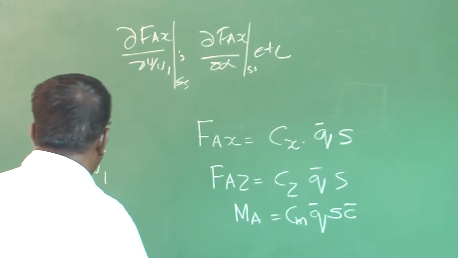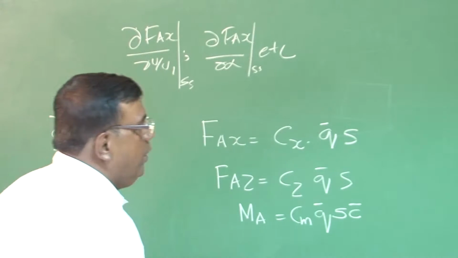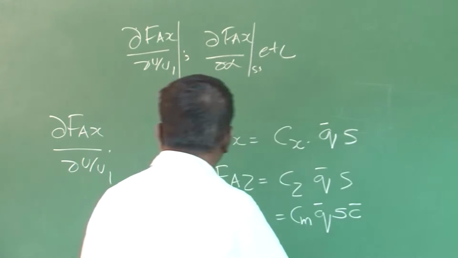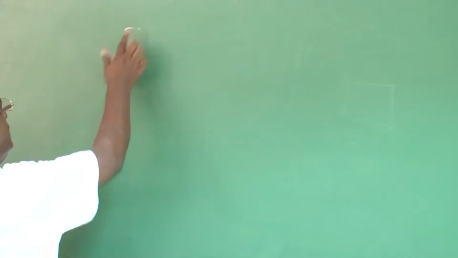Now we want to find dFax by du by u1. Let us see how we would handle this.